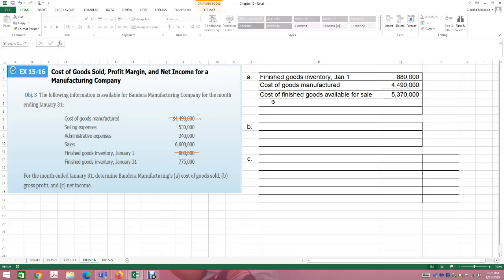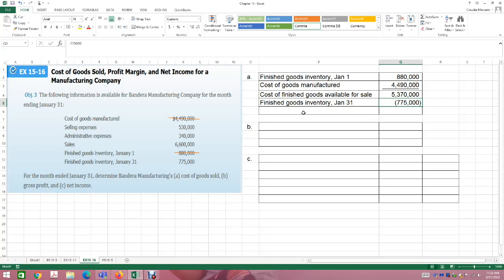So I'm going to subtract that number, and it's put as a minus sign because it's a deduction. Those are the finished goods that we still have in our warehouse that we have not sold.